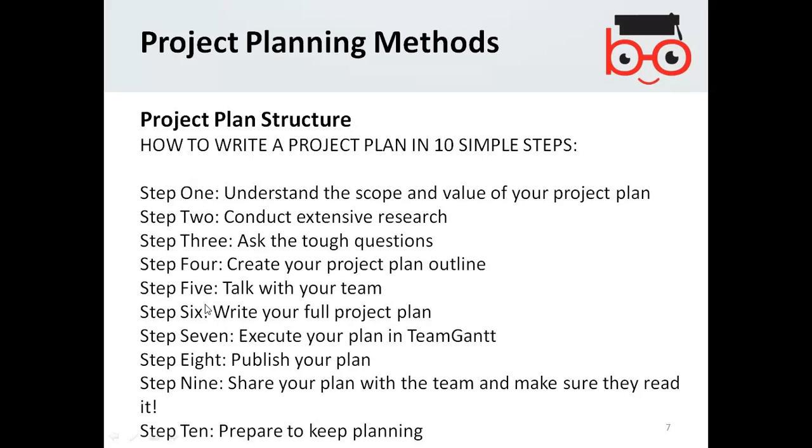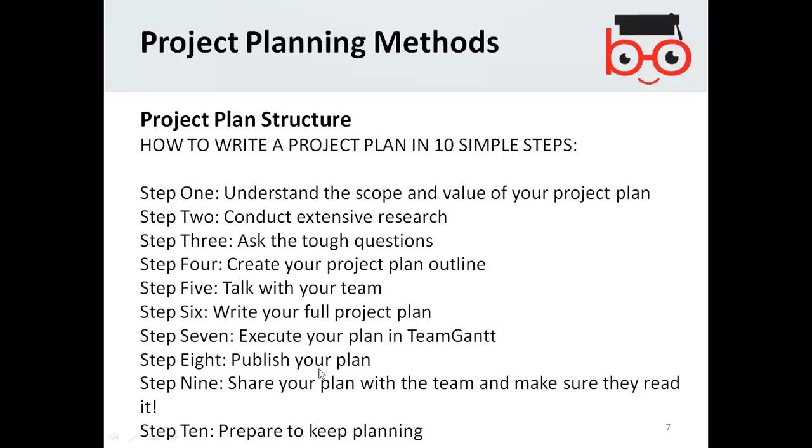Following steps 1, 2, 3, 4, 5, your project plan is in front of you. Then execute your plan in TeamGantt. These are kinds of project scheduling methods, like Gantt charts and other scheduling methods, so one of them may be TeamGantt. And then publish your plan.